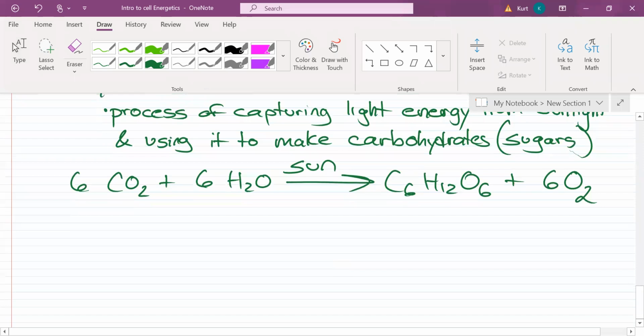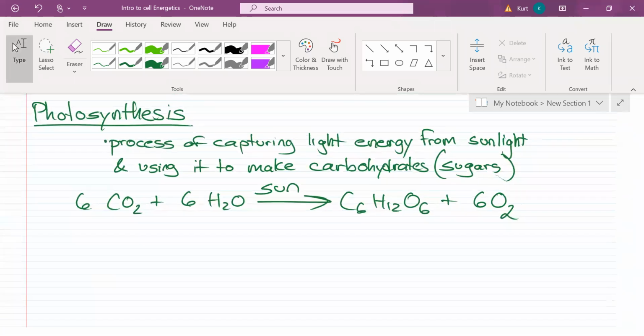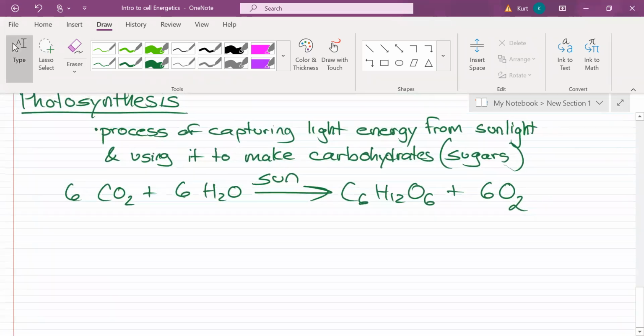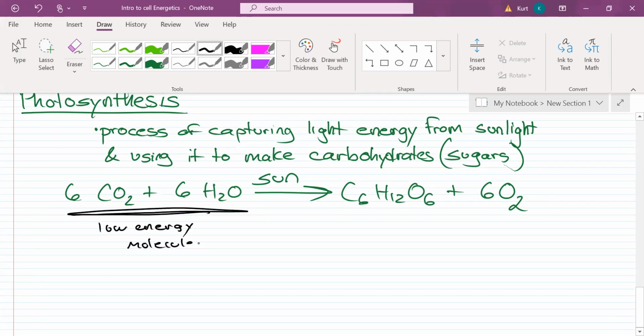Now, guys, these two reactants here are low energy molecules. Glucose is high energy.